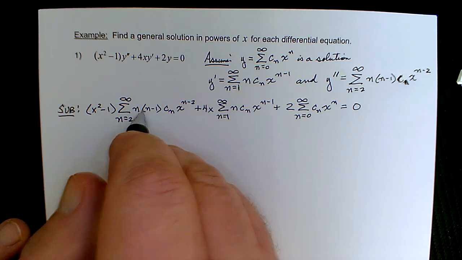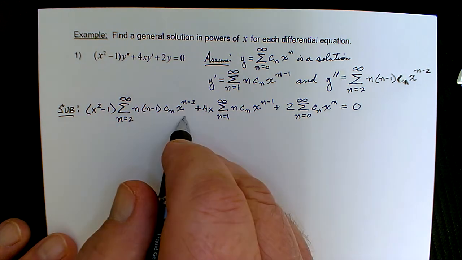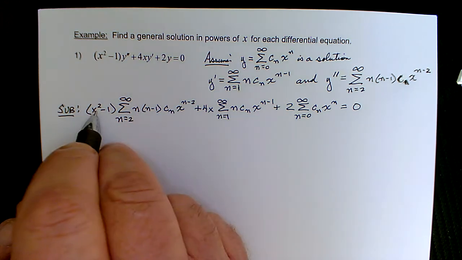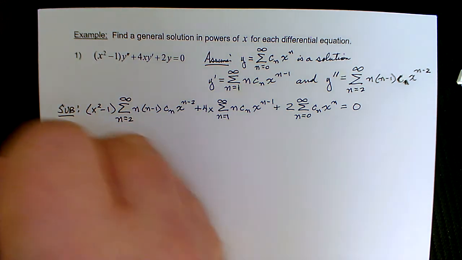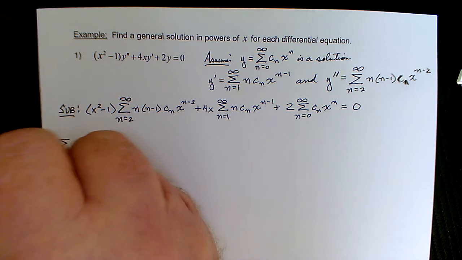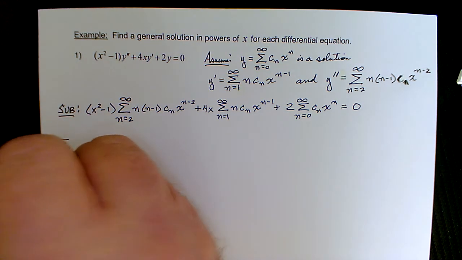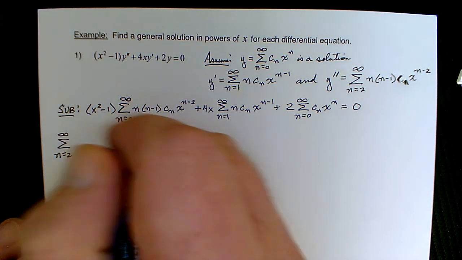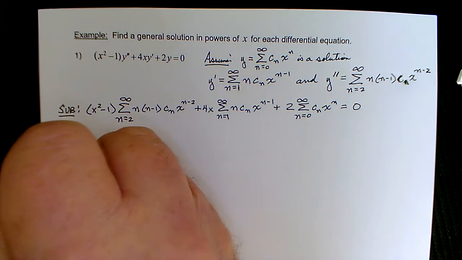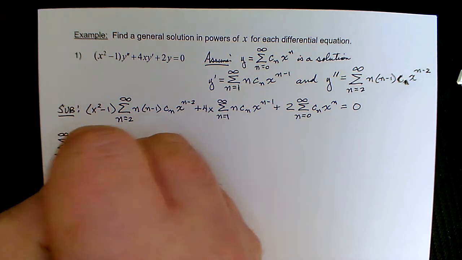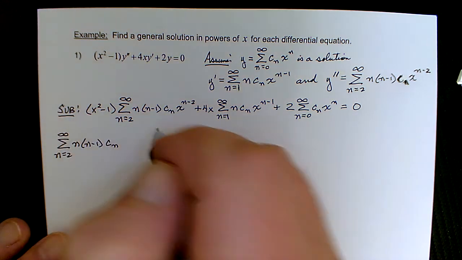Remember we said we're allowed to do this because the sum is really just an infinite polynomial. So we could dump the x squared in there. And this will be the sum as n goes from 2 to infinity. Okay, we'll have n times n minus 1 and c sub n.